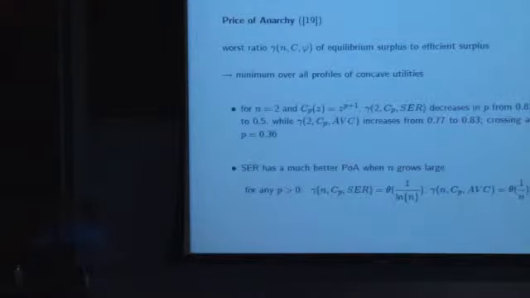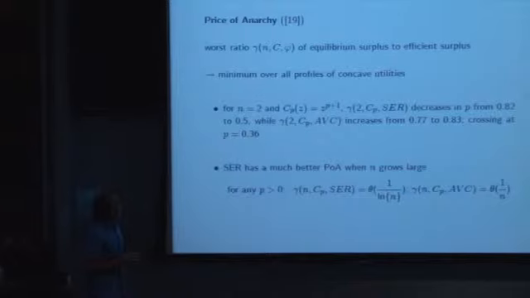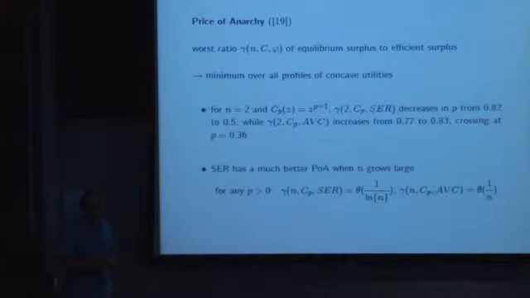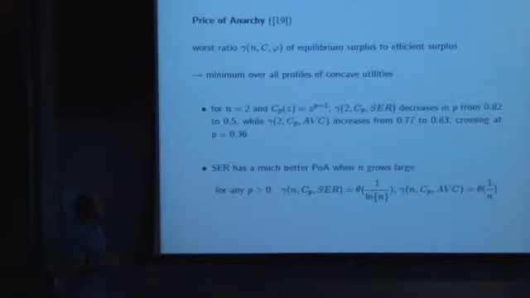But now, very quickly, to mention a type of work that I have been doing on the price of anarchy for this class, for this model. It's a difficult question, I think, and here is what I can show.